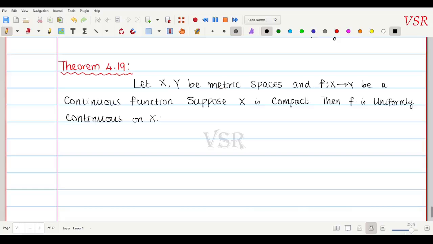So in one line, a continuous function on a compact space is uniformly continuous.